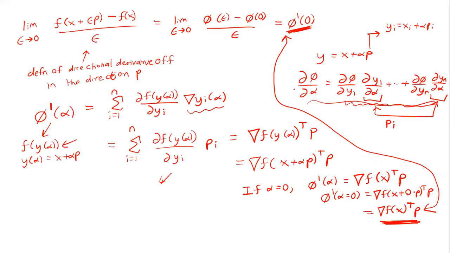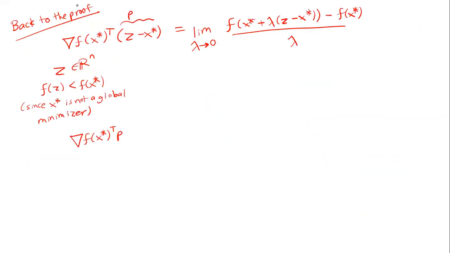And so again, making the direct analogy, we have it at x, and p is some direction. If we have some distance in that direction, then this is going to be equivalent to the directional derivative, and you see that right there.